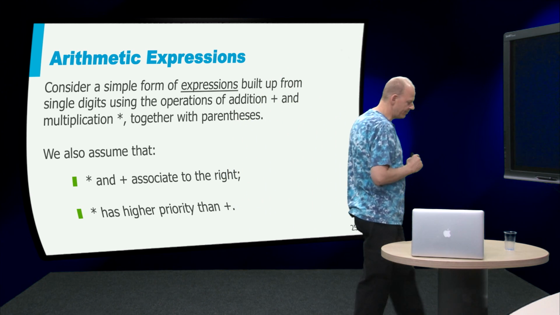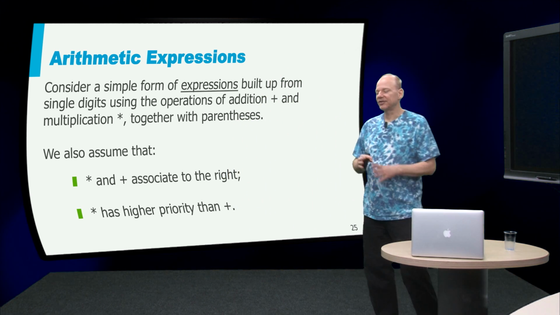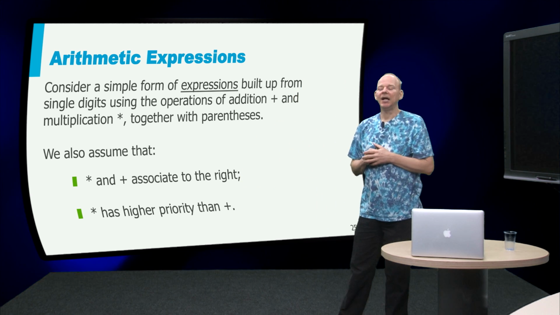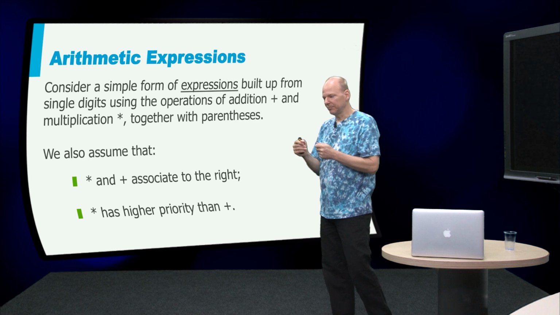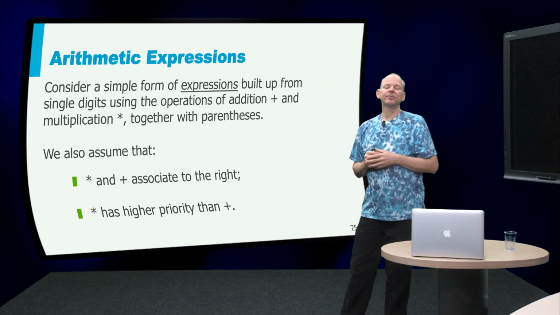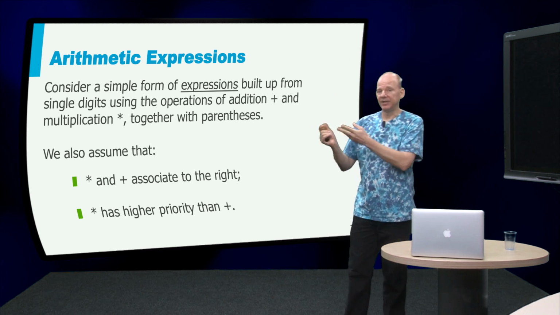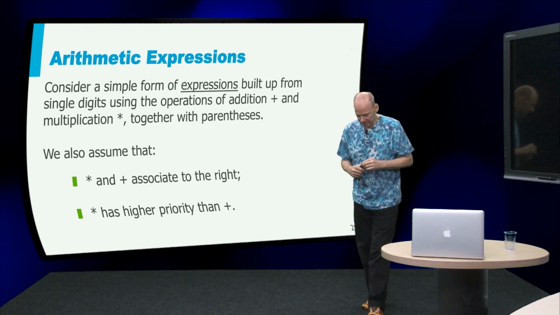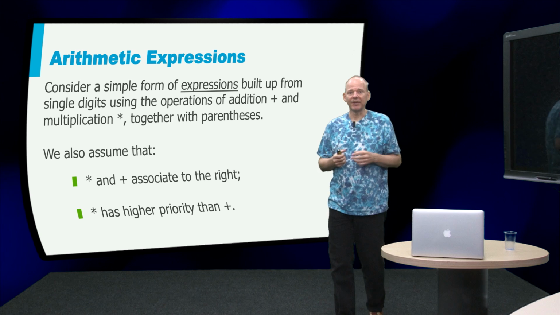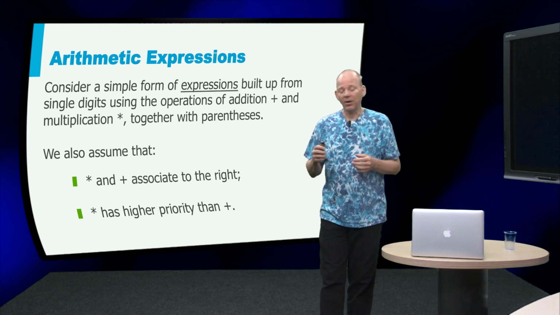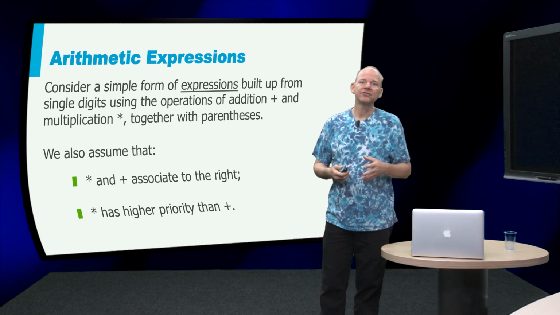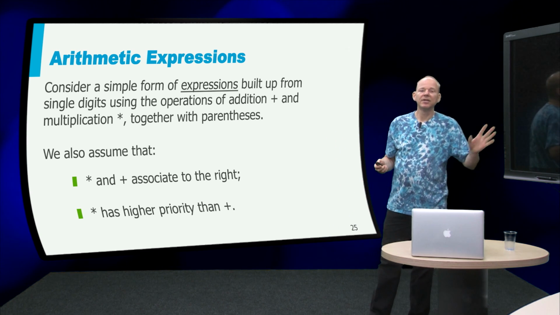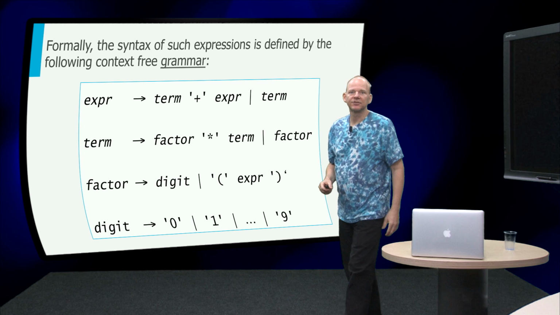If we have a plus b plus c, we want to parse that as a plus open paren b plus c, and if we have a plus b times c, we want to parse that as a plus b times c. All right? So this is fairly conventional, just arithmetic expressions. So how are we going to implement this using those very, very simple parsers that we defined in the previous 2 sections?